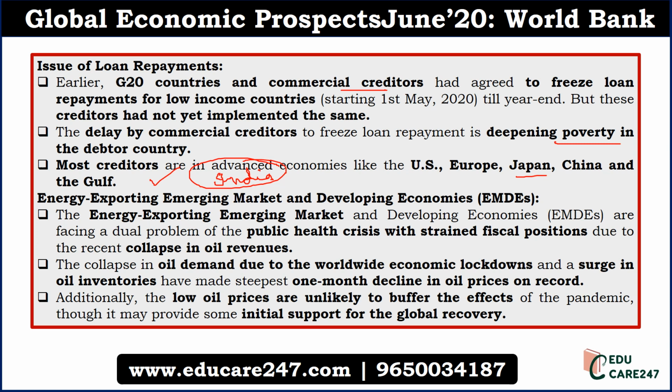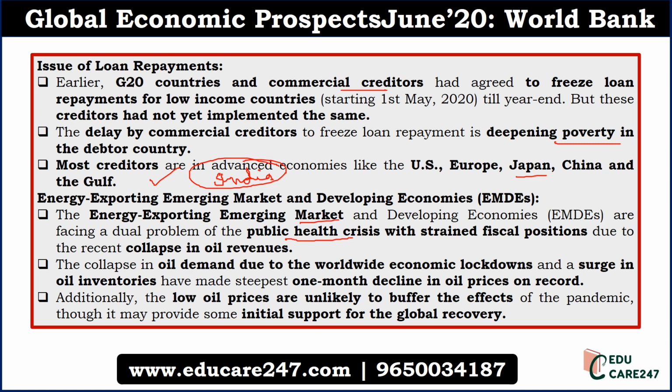Next thing the report is talking about: energy exporting emerging markets and developing economies are facing a dual problem. They already have the public health crisis and they are not getting the finance because they are not able to export their oil, and they are not getting the revenue they used to get earlier.